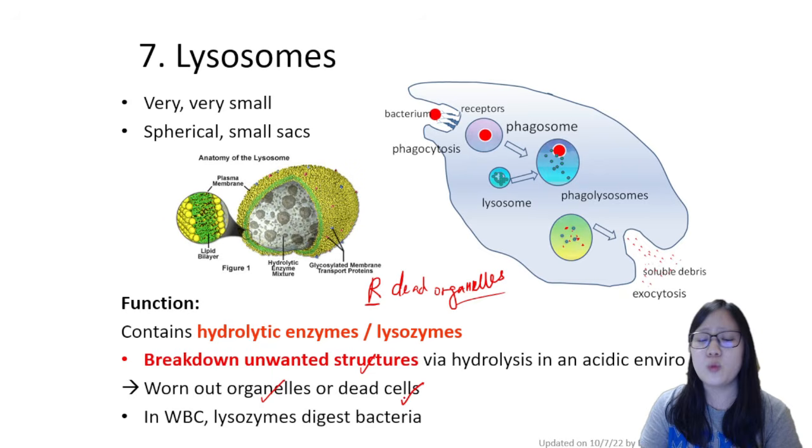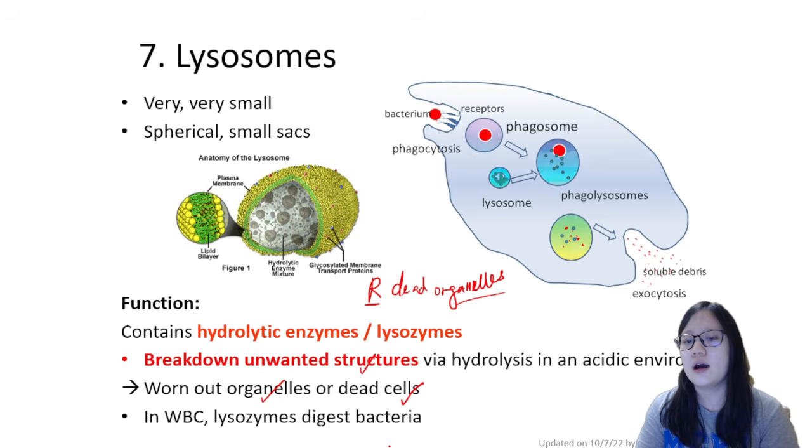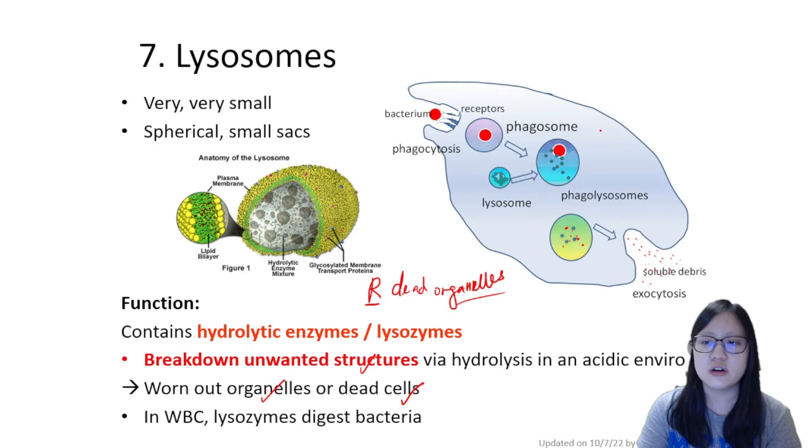Now, in white blood cells especially, they have plenty of lysosomes, and these lysosomes are able to digest bacteria. And you can see a picture of a white blood cell here.